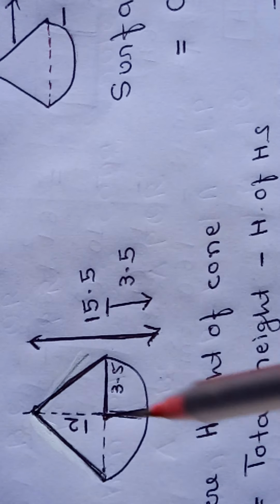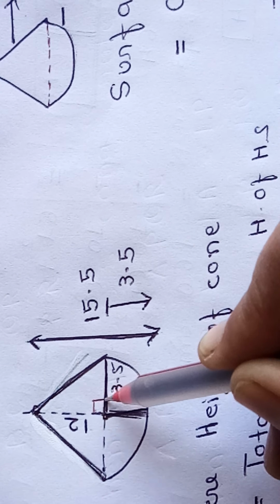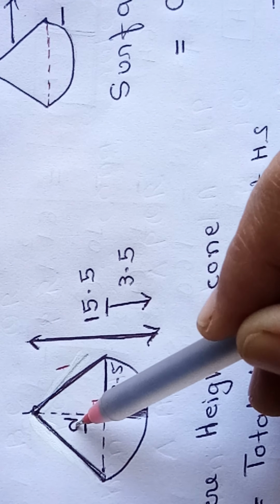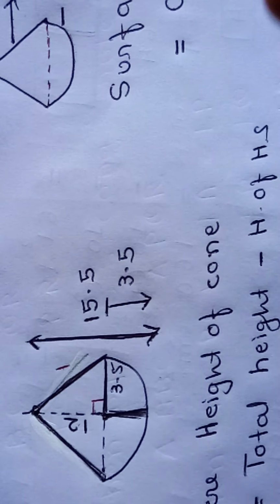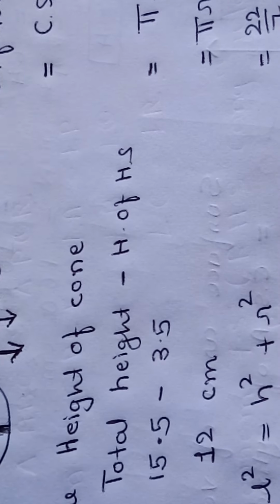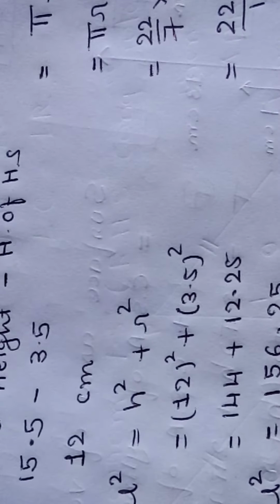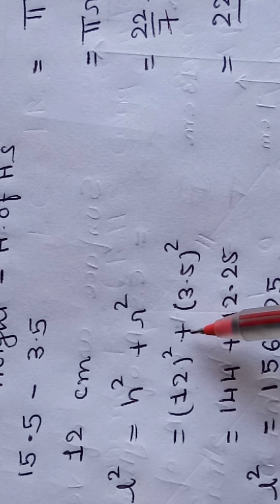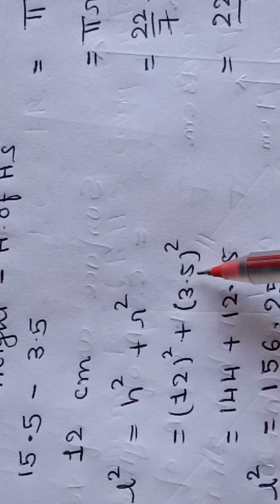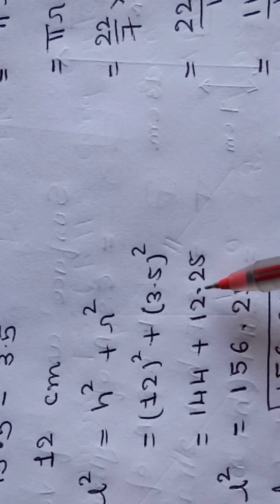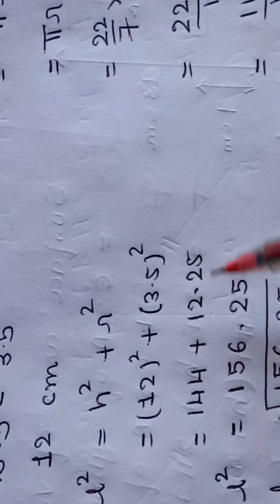If you see, this is a right angle triangle. So as per Pythagoras theorem, l square is equal to h square plus r square. Height is 12 centimeters, so 12 square plus radius 3.5 square. 12 square is 144, 3.5 square is 12.25.